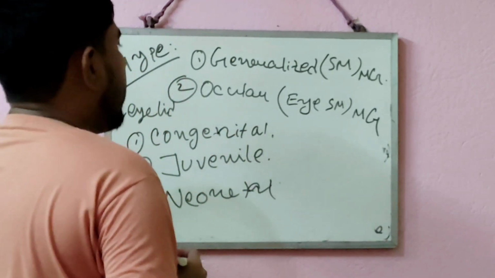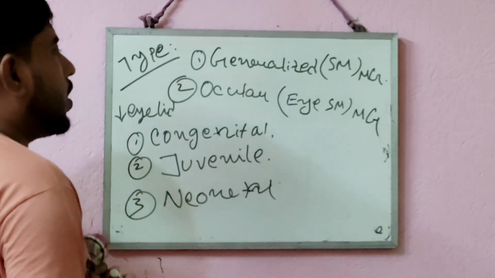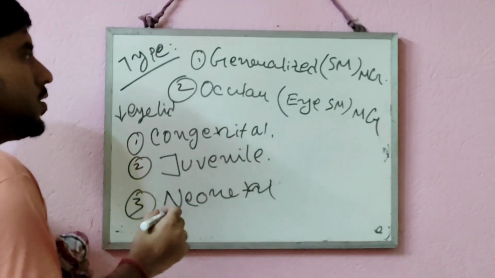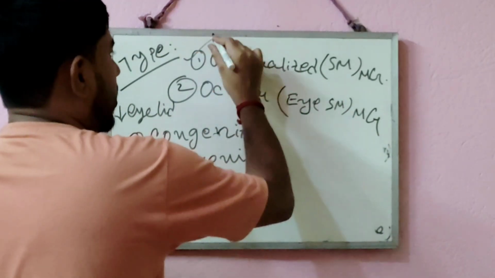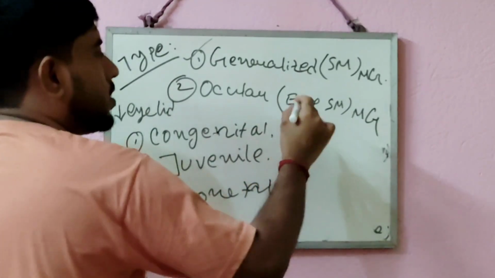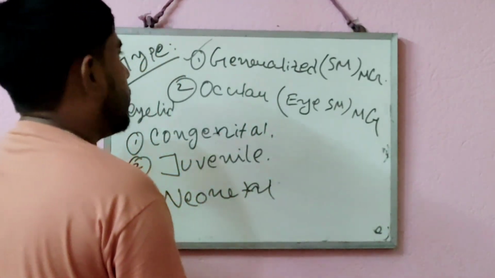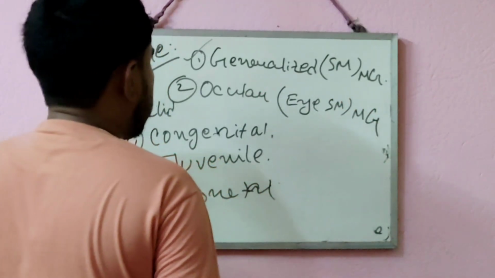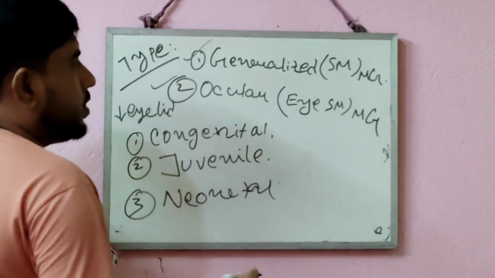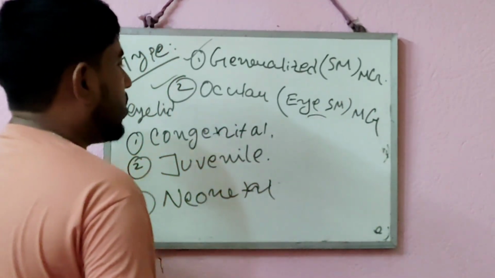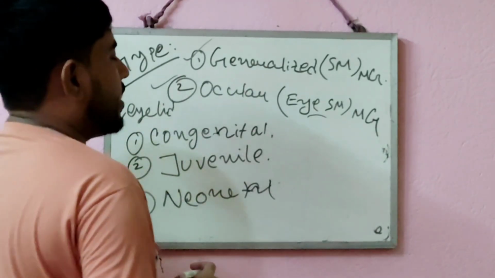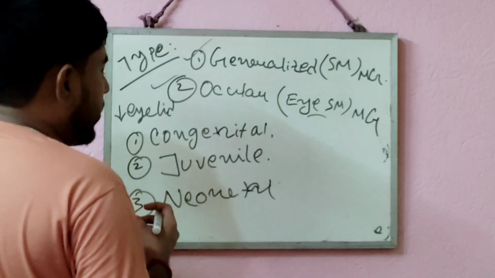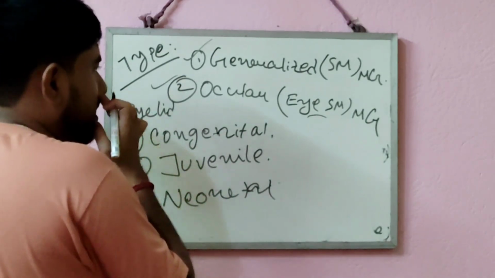So the type of myasthenia gravis can be classified according to where the muscle is present. According to that, there is generalized myasthenia gravis, because of muscle weakness wherever it is present in our body. And second one is when the eyelid or eye muscle shows fatigue due to autoimmunity, it can cause eyelid dropping.